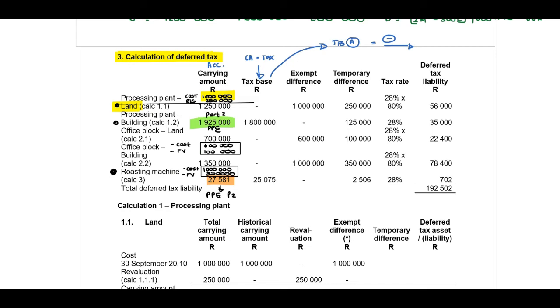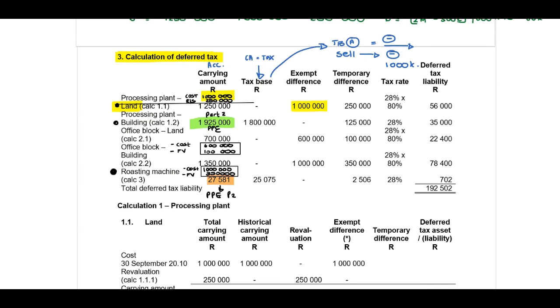Now I've identified that they still make use of the word exempt, which I don't agree with, but okay. They indicate that the 1 million is exempt in terms of IAS 12 paragraph 15. But if you think about this, if we sell the land in future, we will be able to deduct that 1 million.